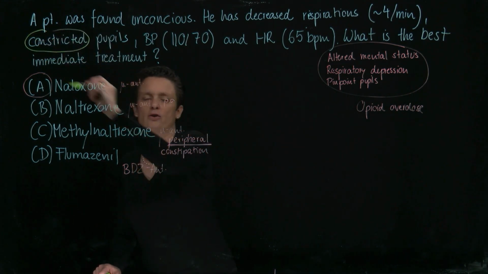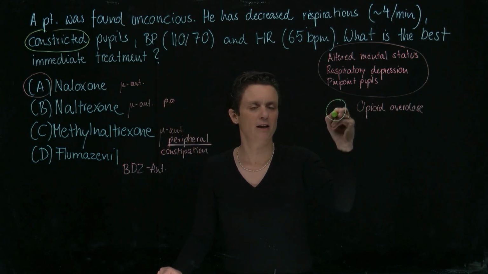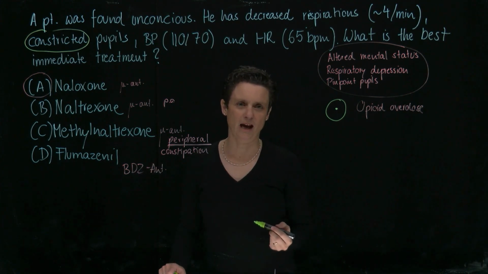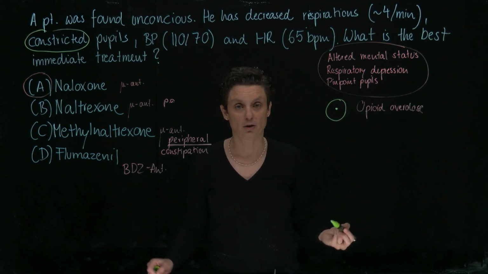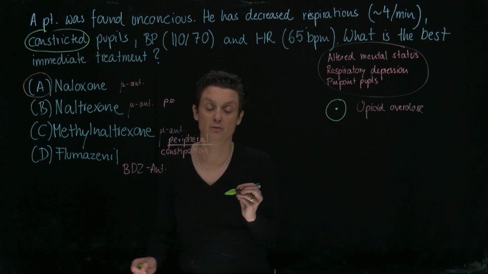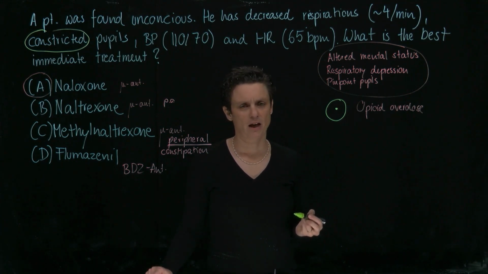Constricted, pinpoint pupils are something very characteristic of an opioid overdose. So with benzos you would not have that. You could have unconsciousness, respiratory depression, particularly when you use benzos with alcohol together. But pinpoint pupils you would not have.